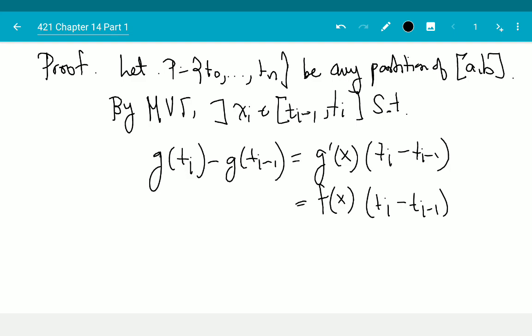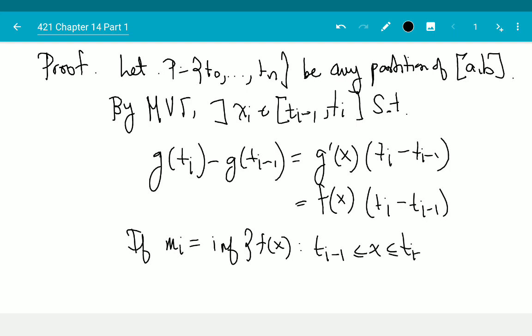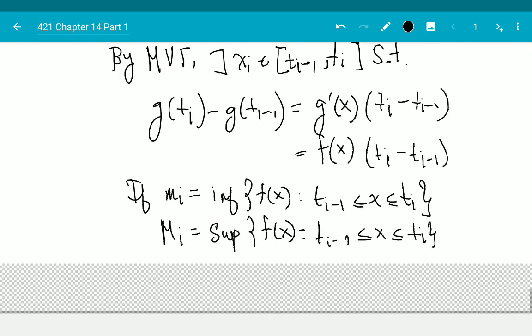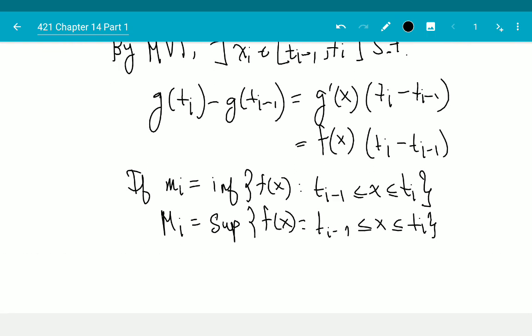Well, if I again define mi equal to the infimum of f of x on the interval ti minus 1 smaller than or equal to x smaller than or equal to ti, and capital Mi equal to the supremum on the same interval, then what do we get?